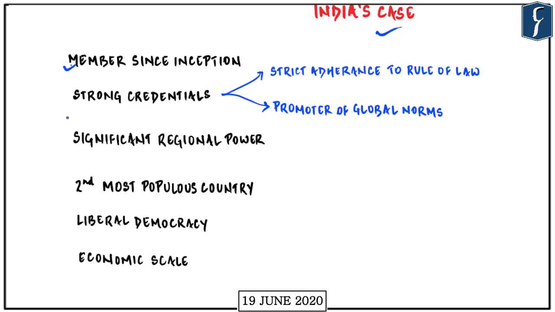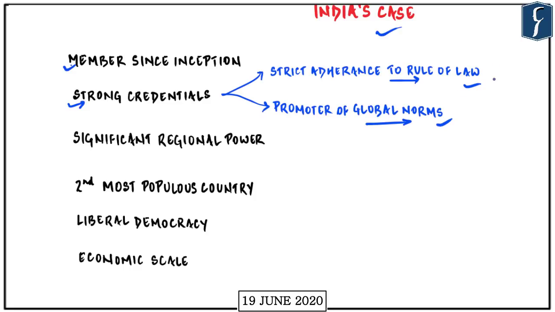Then, permanent membership of the United Nations Security Council requires a state to have a strong track record of adherence to the rule of law, and to be an advocate and follower of global norms. Of course, no one can question India's record as far as these two points are concerned. Although you will laugh at this argument because we frequently see Russia, China, and the US violating the rule of law.